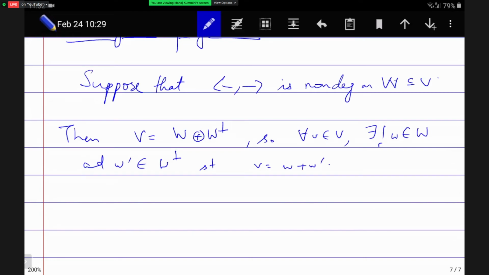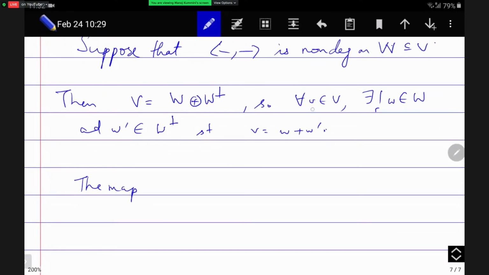Okay, so now there is a map which takes this v to this w. It is denoted by pi from V to W. v goes to this w, where w and w prime are the unique elements as above.